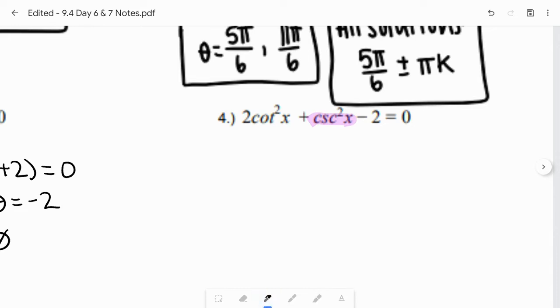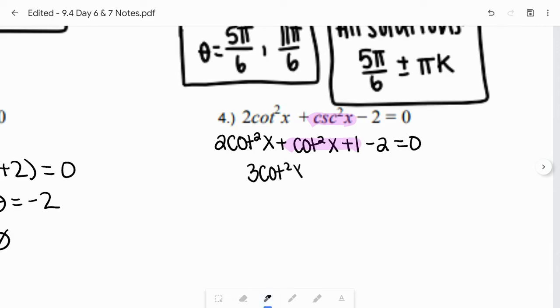So I'm going to rewrite this to be 2 cotangent squared x plus cotangent squared x plus 1 minus 2 equals 0, since this is our identity. So if we rewrite this, I have 3 cotangent squared x minus 1 is equal to 0.